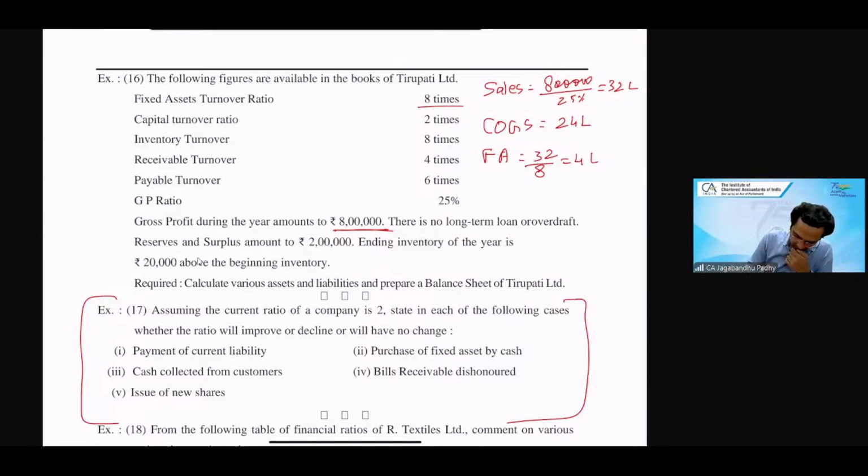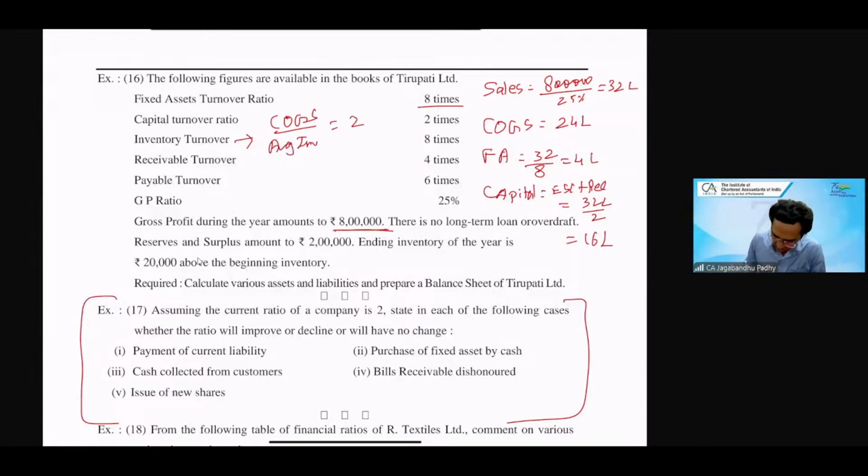Then how much will be the capital? Capital will be nothing but equity share capital plus reserves, so it is 32 lakhs by 2, which is 16 lakhs. Now inventory turnover. Inventory turnover will use COGS upon average inventory.